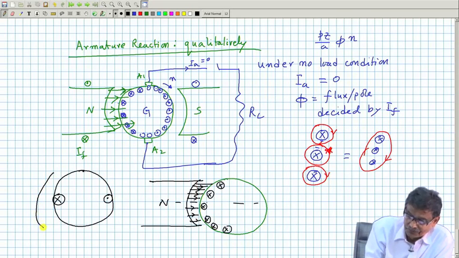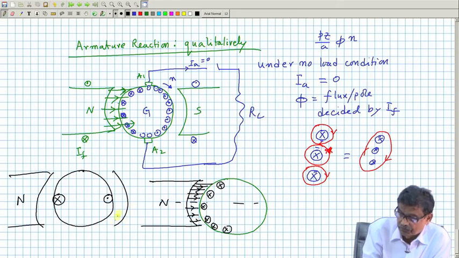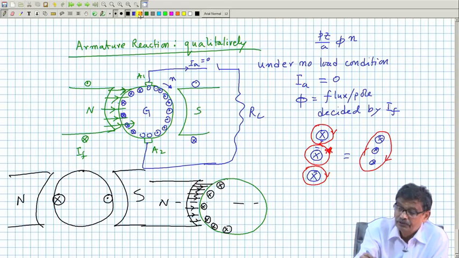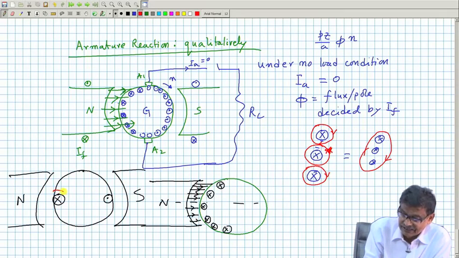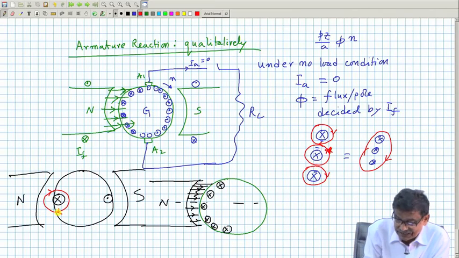This was my north pole, this was my north pole, this was my south pole. Good. Now, the lines of force of this thing, what I am telling, will be like this. So, here this armature current, because of these lines of force, will nullify some of the lines of force produced by the field, and here it will be strengthened on the upper side.